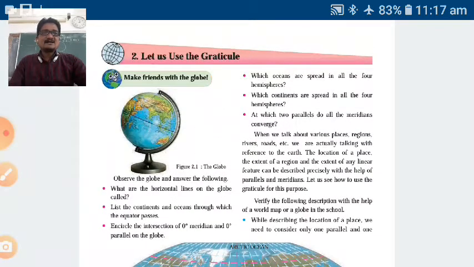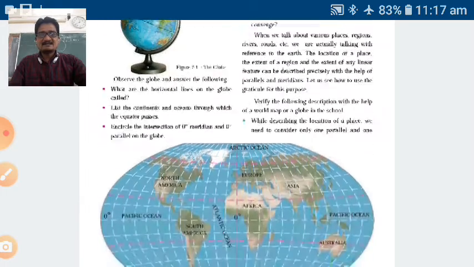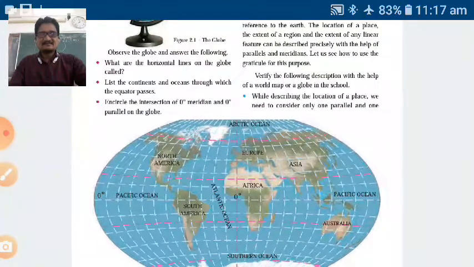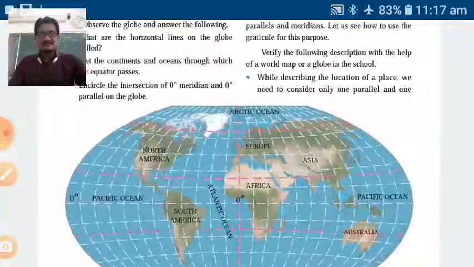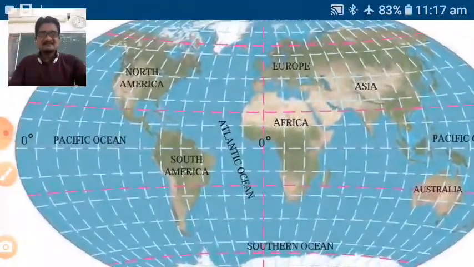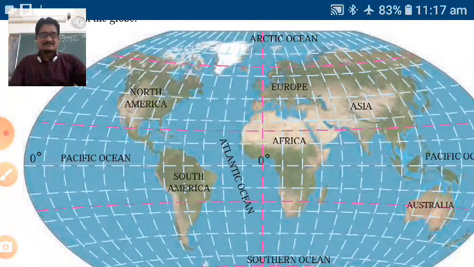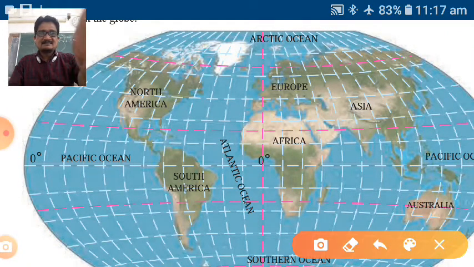Which oceans are spread in all the 4 hemispheres? See, this is the equator line.